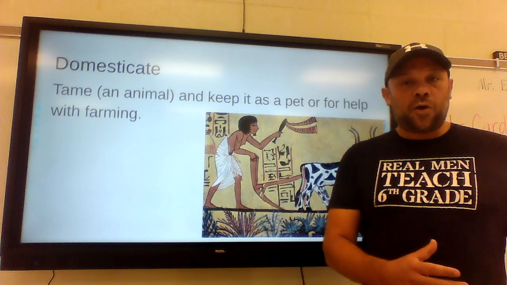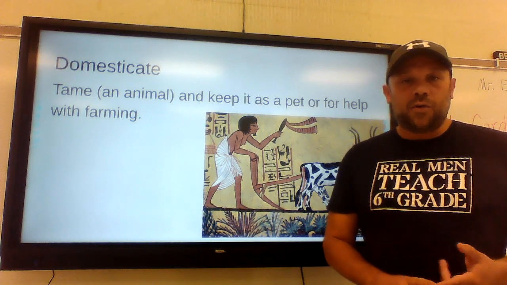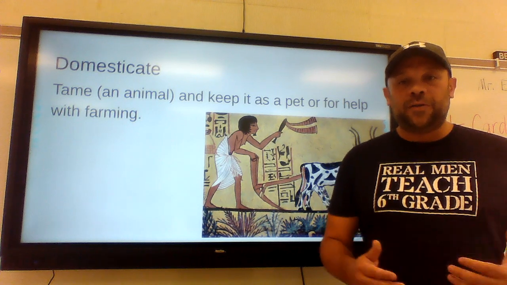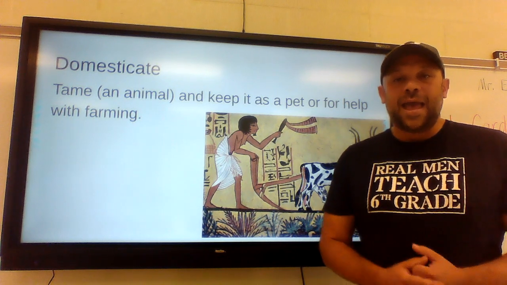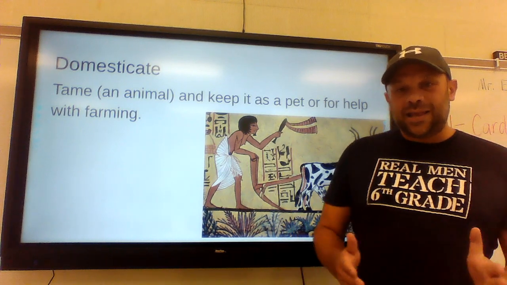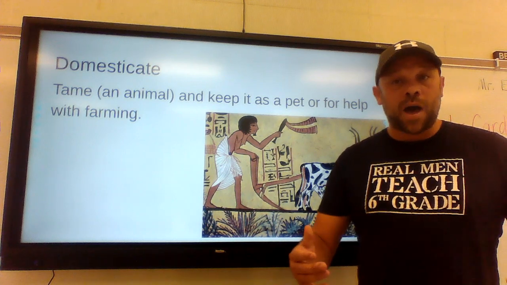But even before farming, having animals that could produce meat or milk would provide a much greater level of nutrition for the people who lived during this time, and they could live longer and healthier lives as a result of this. So domestication is something that, again, moves us a step closer to our more modern lives.